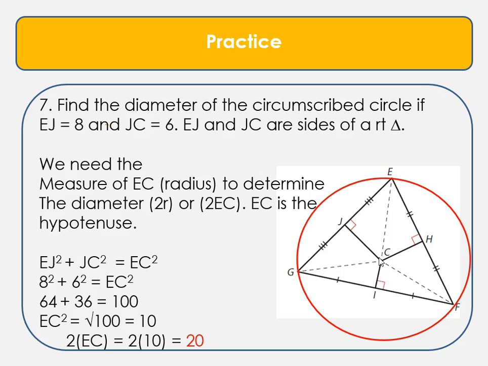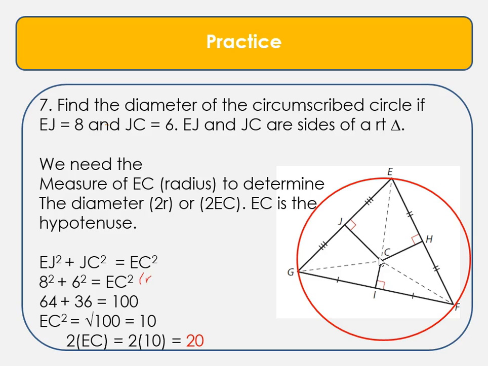So if we go ahead and set up our right triangle theorem, set up our Pythagorean theorem, we have 8 squared plus 6 squared equals EC squared, and that's the hypotenuse. That will also be our radius.